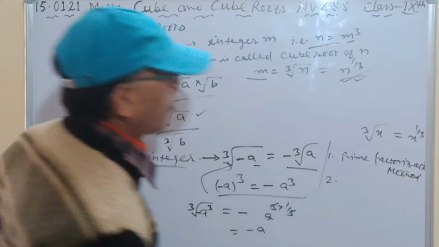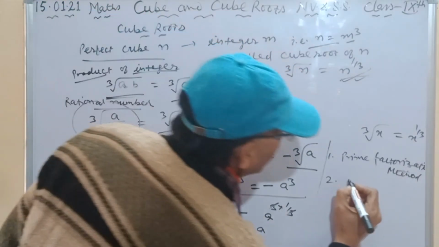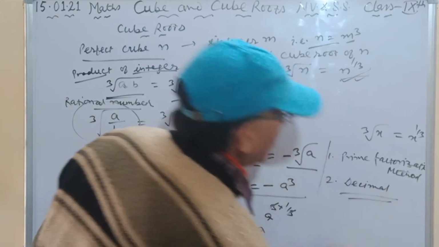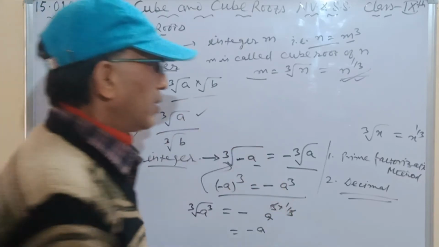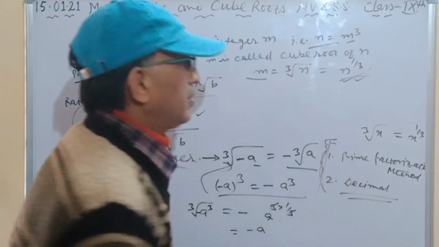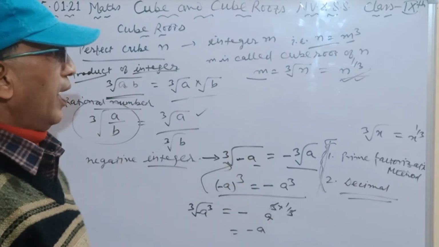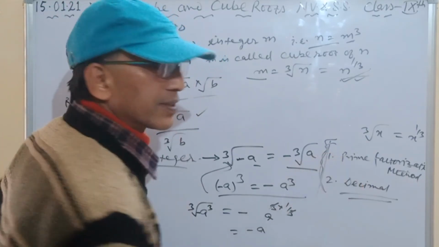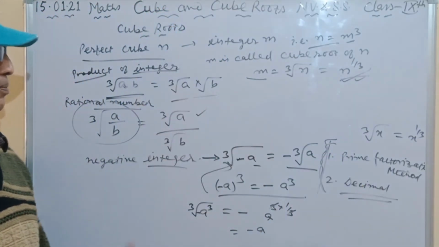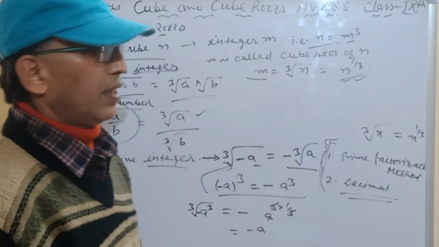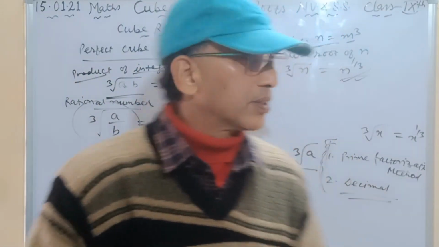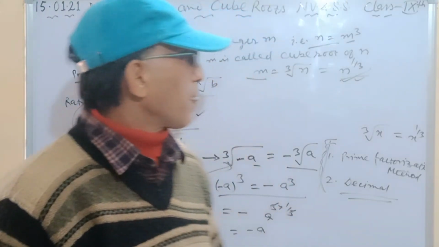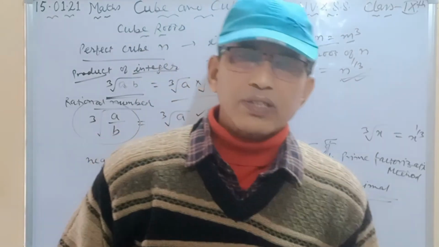And second, the cube root of decimal cases. We will solve questions related to these two topics, and I will give you the concept of how they are solved with these theories. Try to study this concept I have given you, God willing, in this lockdown.